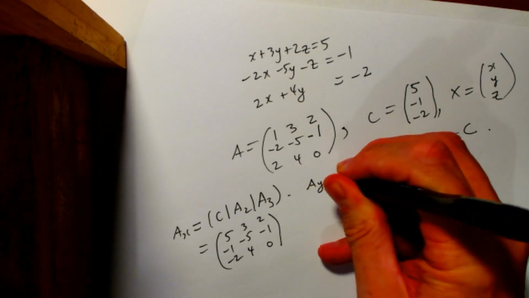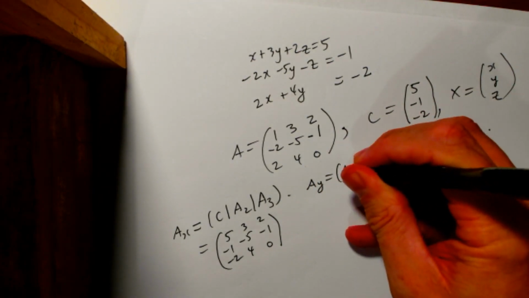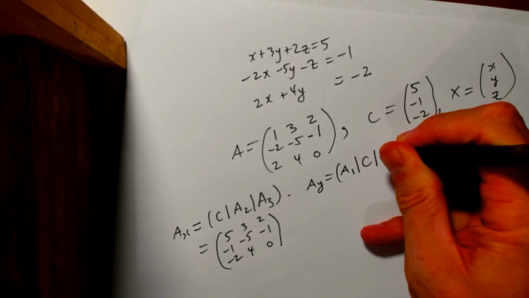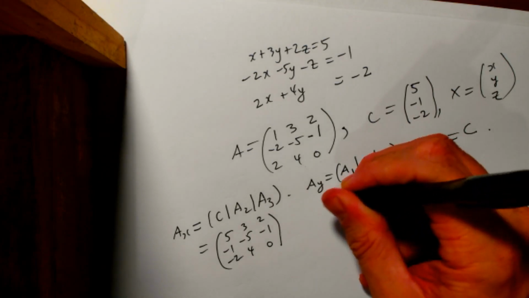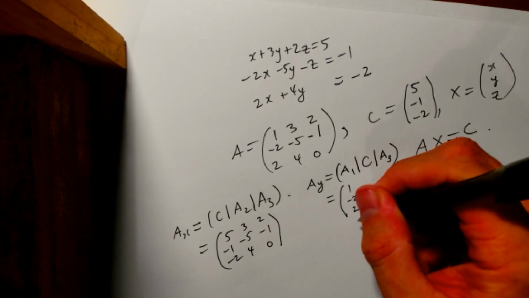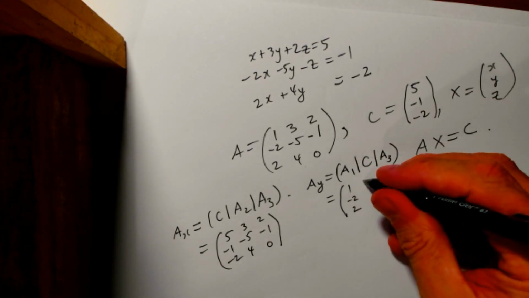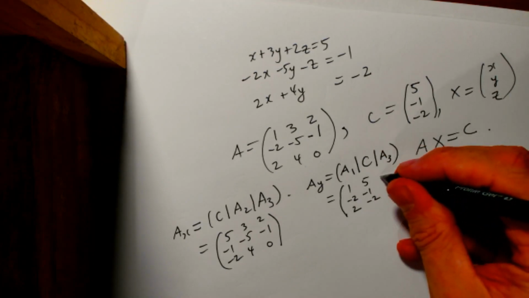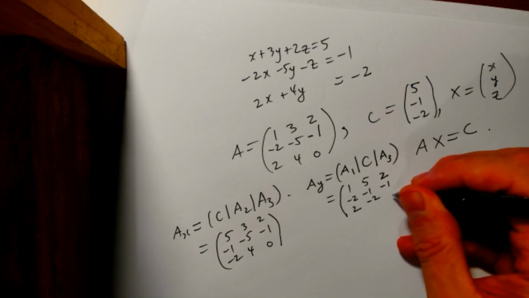Then you form A_y in the same way. So A_y is equal to A1 concatenated with C concatenated with A3. This is 1, minus 2, 2 in the first column, C in the second column, and A3 in the third column, so 2, minus 1, 0.